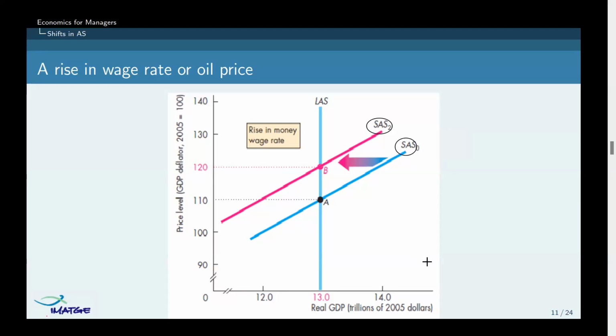Therefore, because we said that when wage rates change, the long run aggregate supply curve is not affected. And if it's not affected, it remains here. What will change is simply the short run aggregate supply curve, and it will shift to the left because of the increase in production cost.